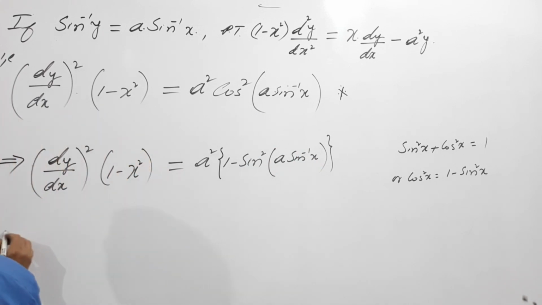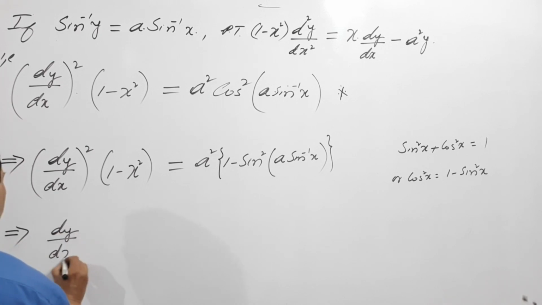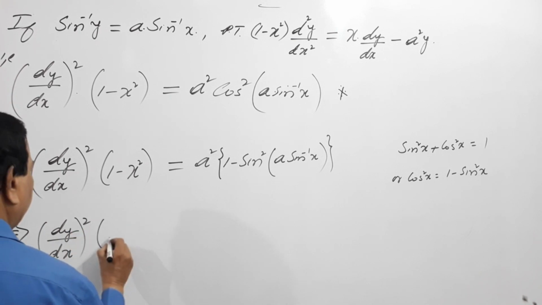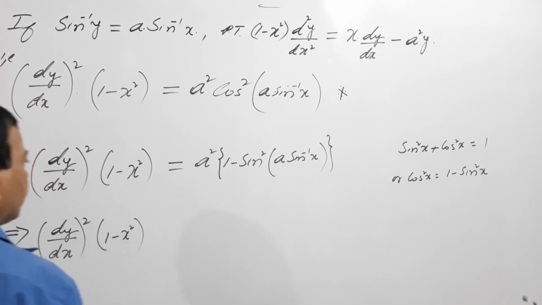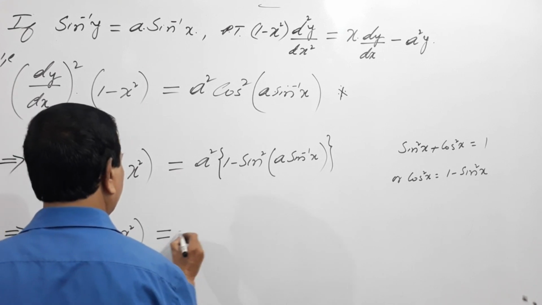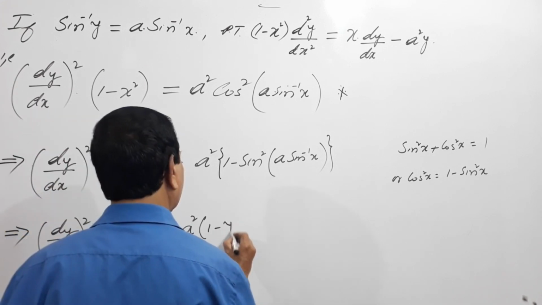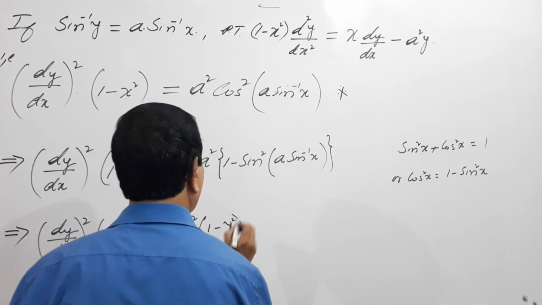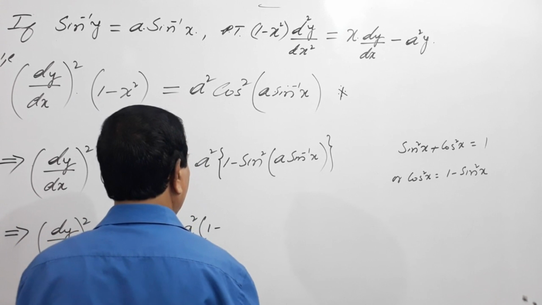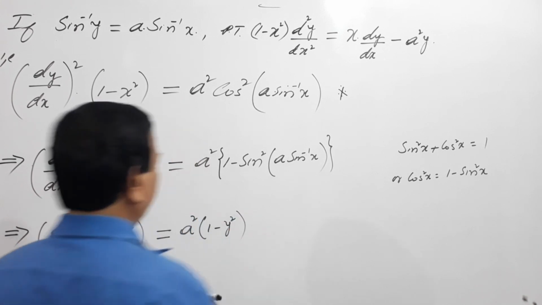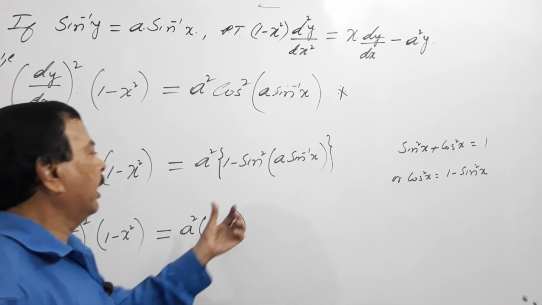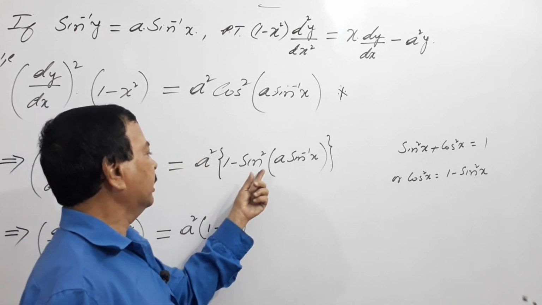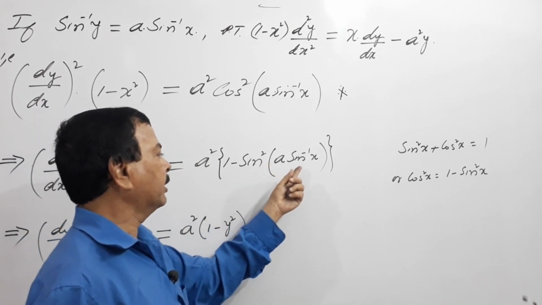So that is equals to (dy by dx) the whole square into 1 minus x square equals to a square into 1 minus y square. See here we have 1 minus sine square of a sin inverse x.